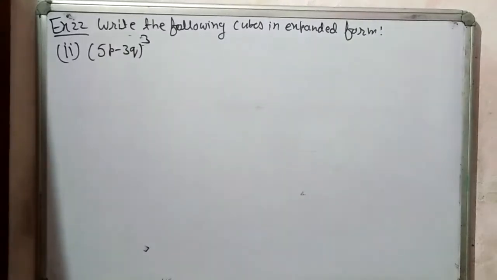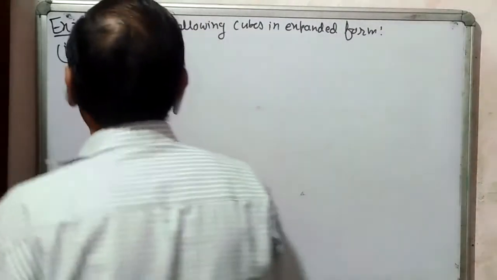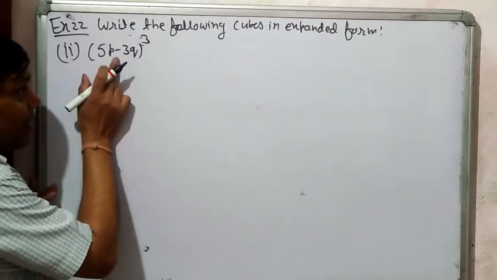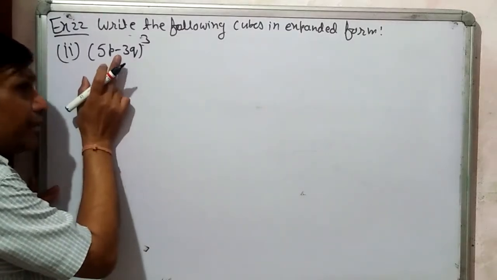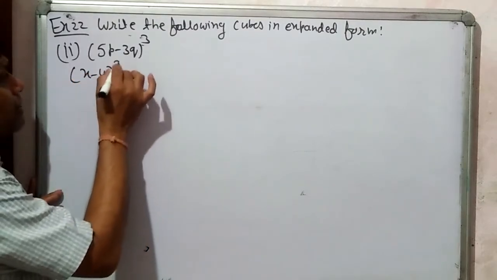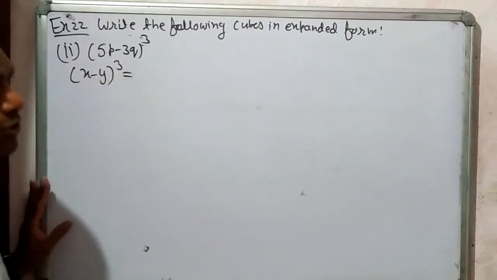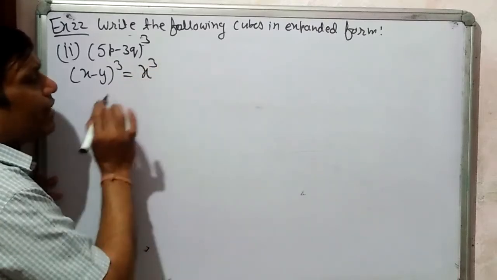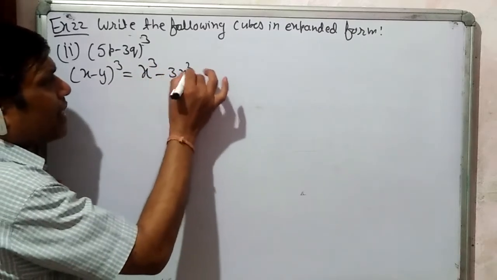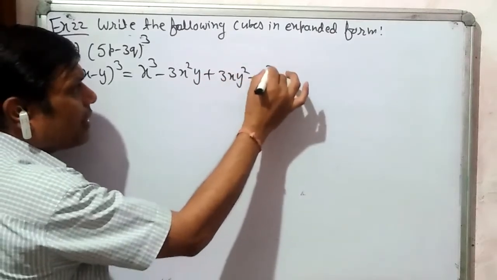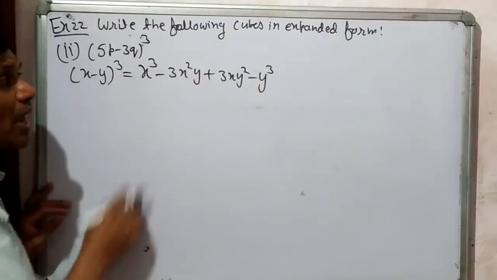The second part of this example, students, is 5p minus 3q cube whole cube. So again we are identifying it is the cube of the difference. That means we have the x minus y whole cube identity to be used. Let us write it in an easy to recollect form: x cube minus 3x square y plus 3xy square minus y cube.